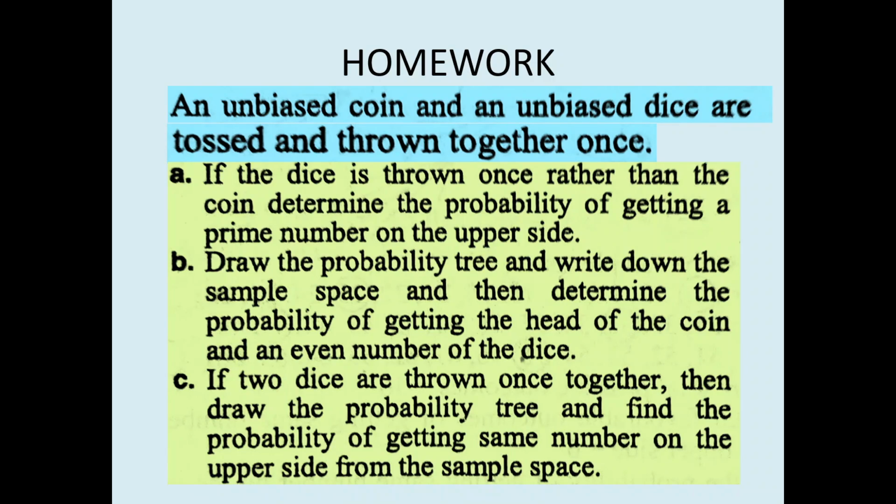Number B, draw the probability tree and write down the sample space and then determine the probability of getting the head of the coin and an even number of the dice. Number C, if two dice are thrown once together, then draw the probability tree and find the probability of getting the same number on the upper side from the sample space.